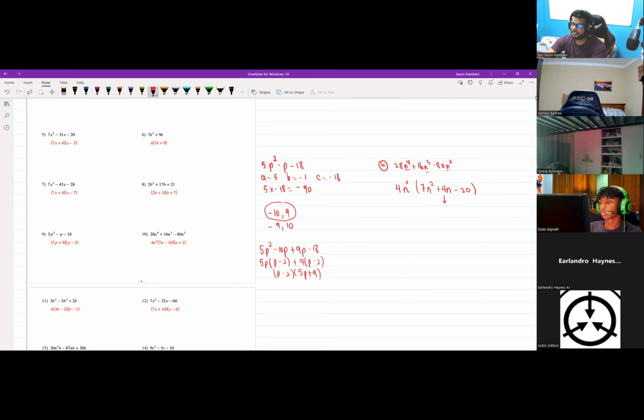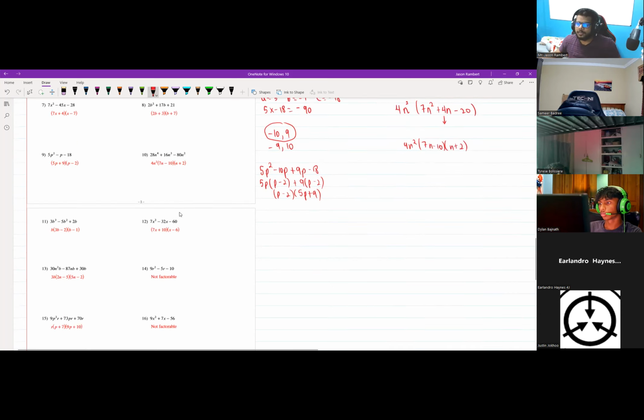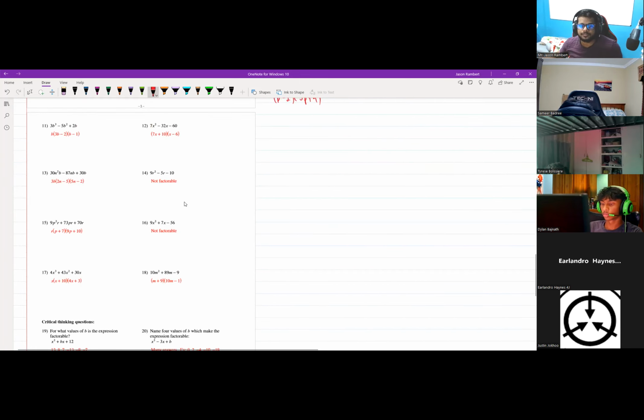When you factorize this, you'll get 4n squared multiplied by whatever you get when you factorize, which worked out to be 7n minus 10 into n plus 2. So your only work now is to factorize 7n squared plus 4n minus 20. All right. Number 11, you would do the same thing. I'll factor out b, and then I'll end up with a quadratic inside.